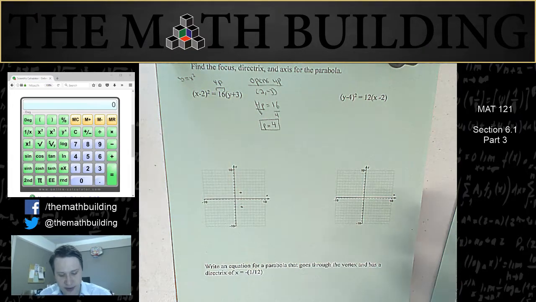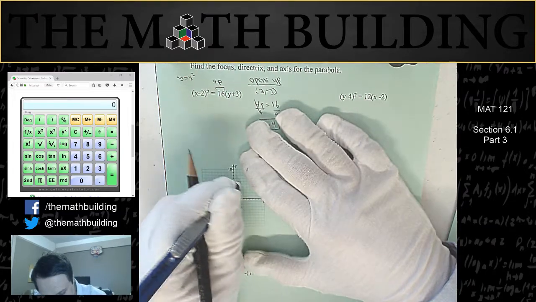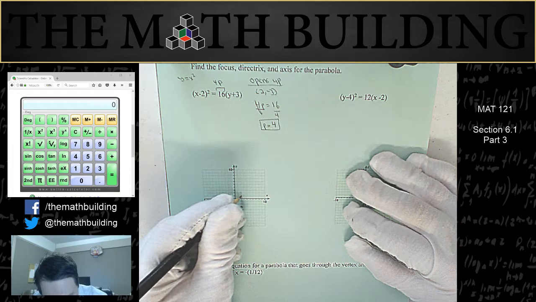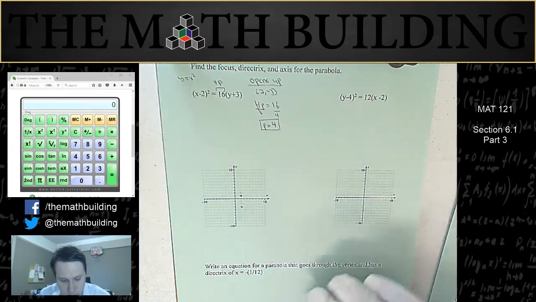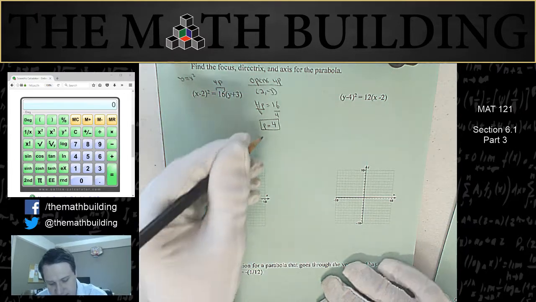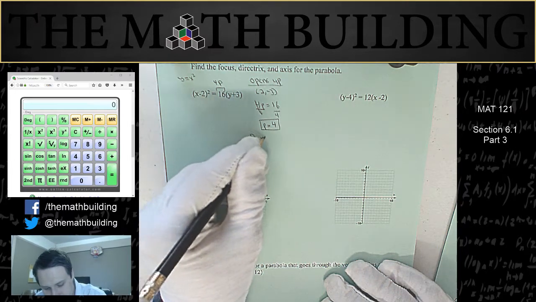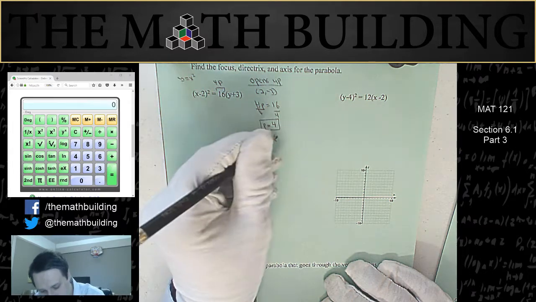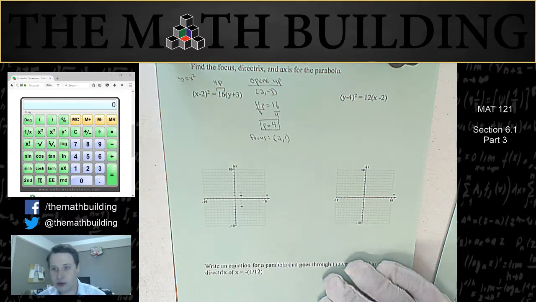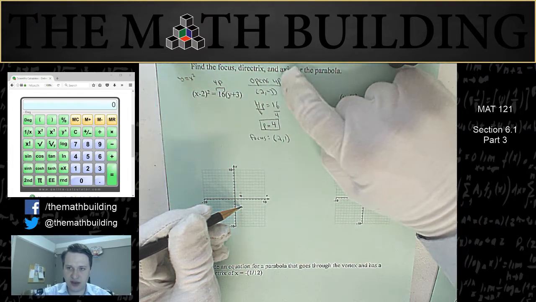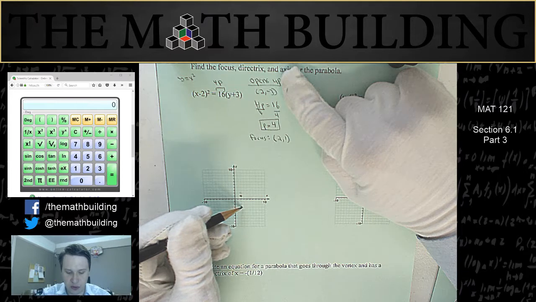Whoops, I'm off by 1. It's up 4 spaces from our vertex. There it is. In fact, let's put down the coordinates of that. In this example, the focus is the point 2, 1. So start at the vertex and move this many spaces in the direction that your parabola is opening.